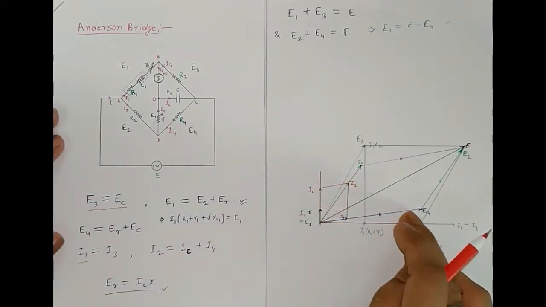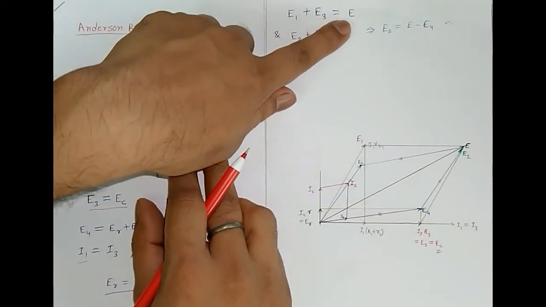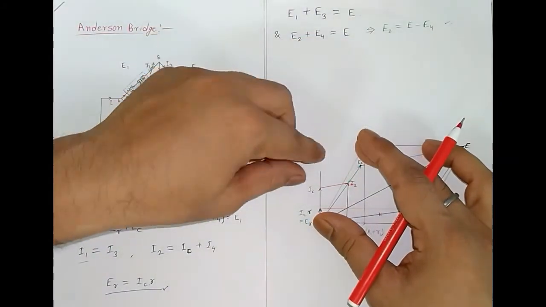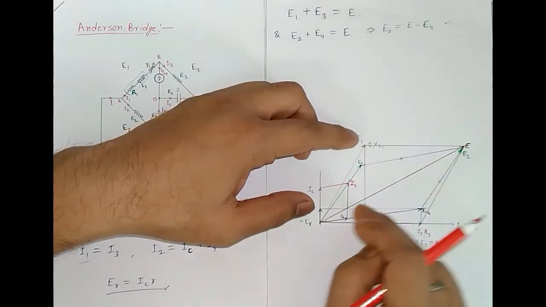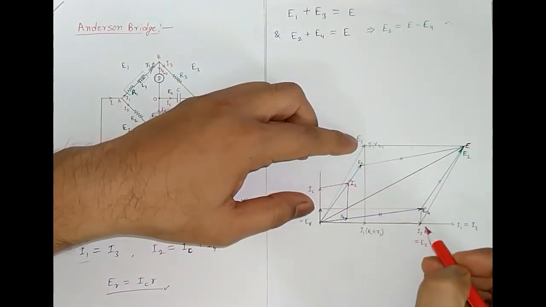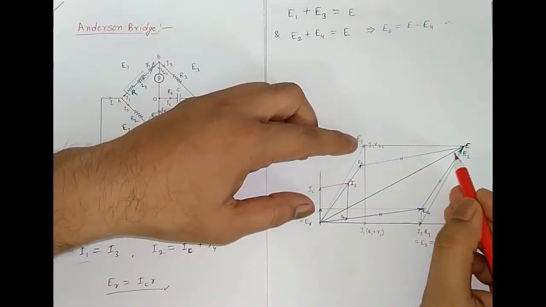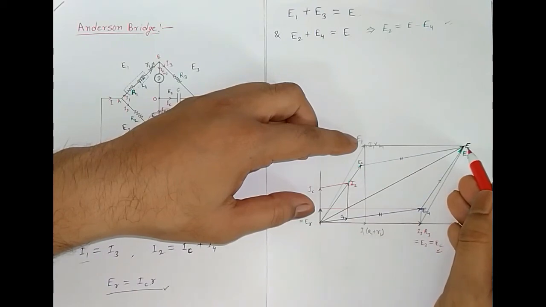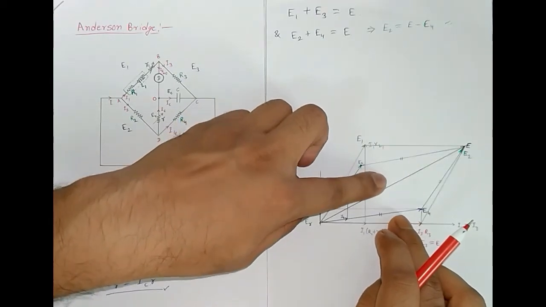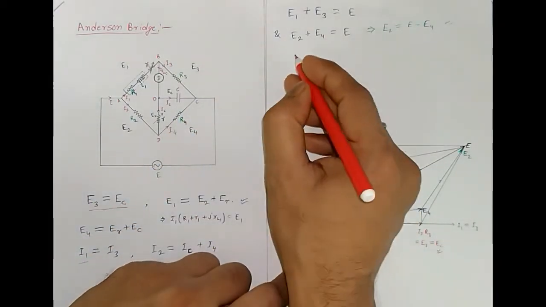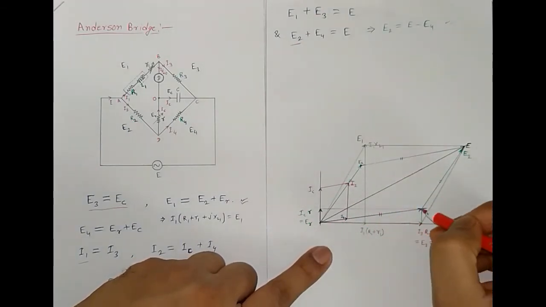Now, as we know that E1 plus E3 equals E, the resultant of both E1 and E3 gives us E. By the parallelogram law we can draw parallel lines to this and this, so the resultant will be E. Now with respect to E, and we already know the direction of E4, we can draw the direction of E2, because we know E and E4, so E2 will be this.